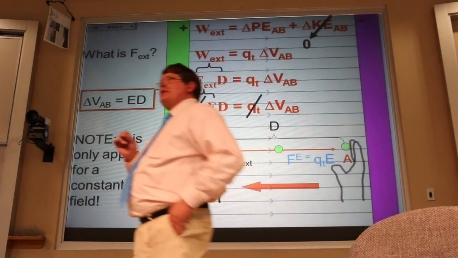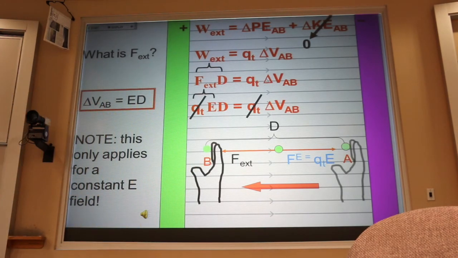What that means is that I have to have field lines that are everywhere parallel. Well, where do I have that? Between plates, between positive and negative plates, or in the vicinity of a single charged plate. Those are the only types of problems where you could use this equation. Don't be trying to use it with point charges. You'll get garbage. Okay? Garbage.